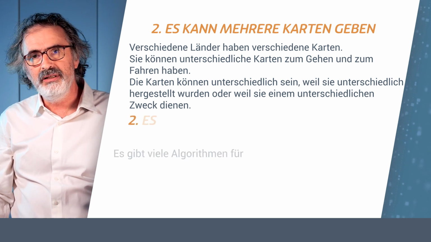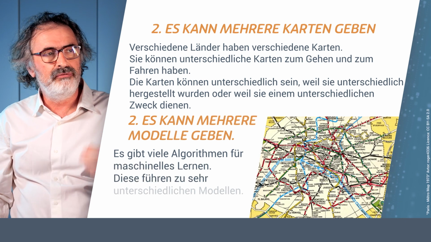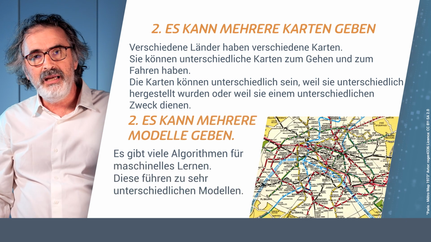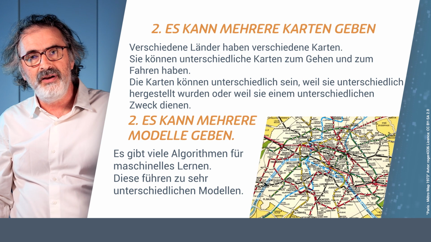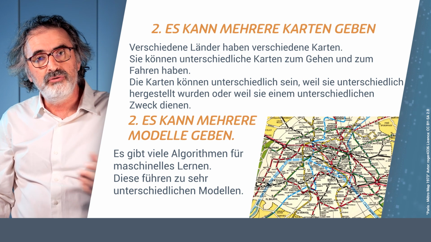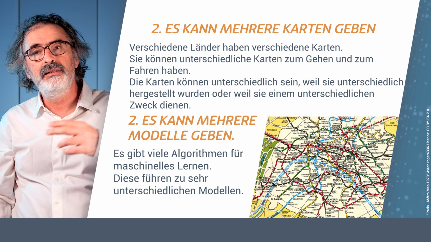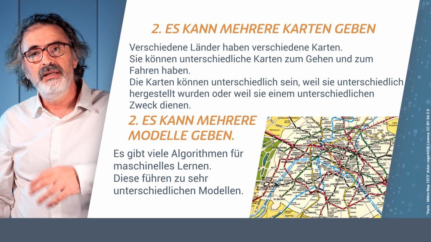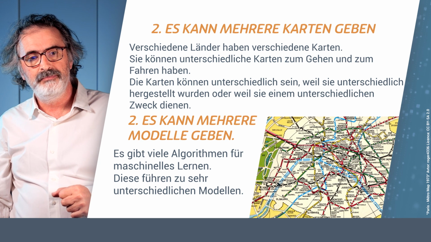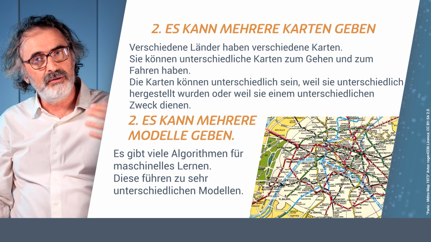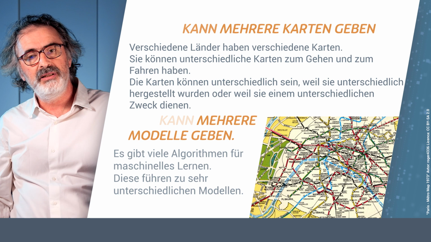The same works with models. If I want to have a model of what a student is, I may have a model based on trying to predict the grades the students will have, or perhaps I'm trying to predict something much more ambitious, in which case I will have a different model. And in each case, I might want to use a different algorithm.